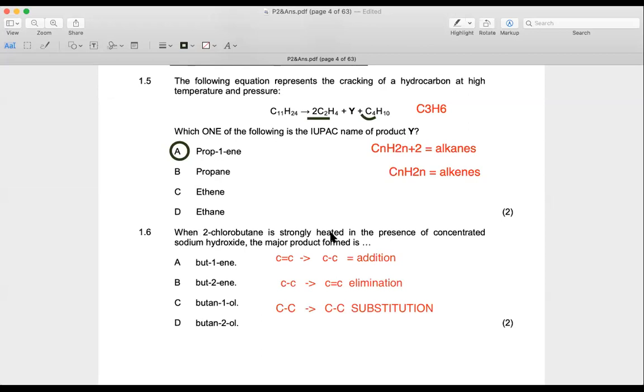Okay, when 2-chlorobutane is strongly heated in the presence of concentrated sodium hydroxide, the major product formed is, okay, so 2-chlorobutane, we're going to go methane, ethane, propane, butane, so we know butane is 4. We look at it, it's an ane, so it's single bonded. And if we're going to add sodium hydroxide, let me just draw this for you. 2-chlorobutane.